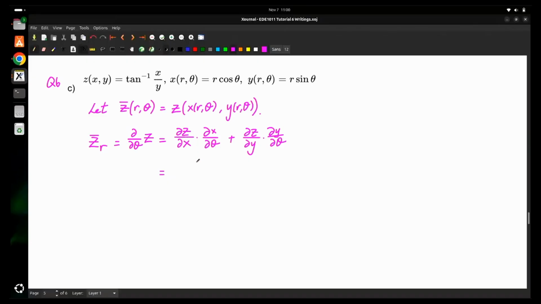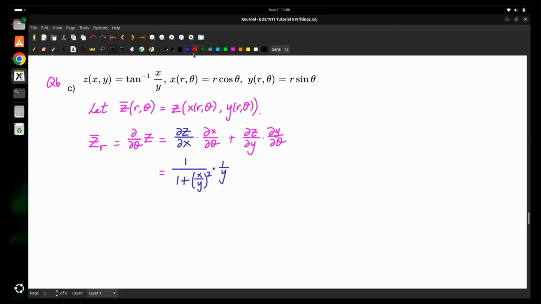So del z, del x: you differentiate tangent inverse, it's going to give you 1 over 1 plus x squared over y squared, because it's x over y whole thing squared. Then you have to use your chain rule, because you have this tangent inverse of x over y. So del z, del x is just this expression.